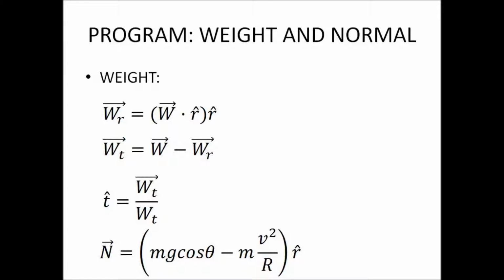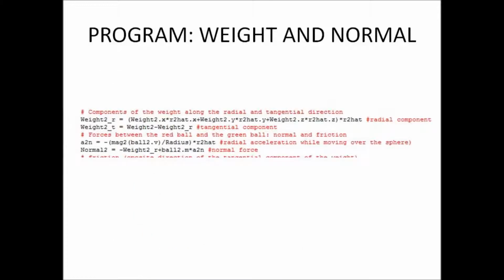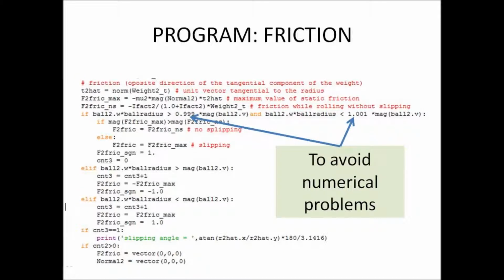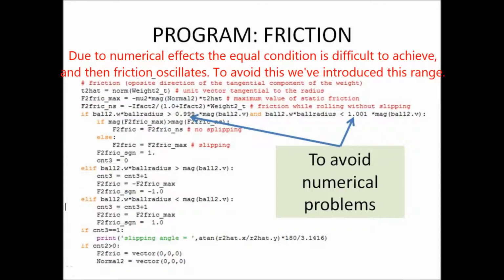The normal force is computed from the value of the radial component of the weight and the radial component of the acceleration. In the case of the friction, it has different formulas depending on whether the object is not slipping or slipping, and we have added a range of values to avoid numerical problems.